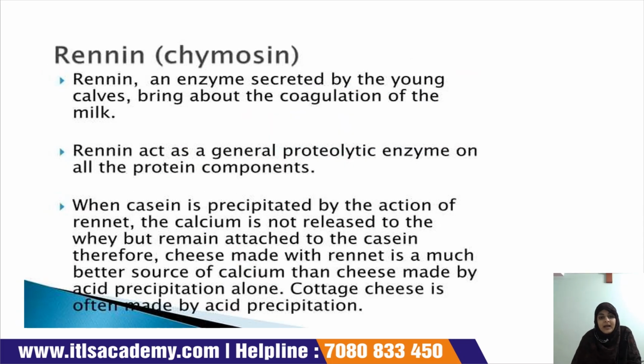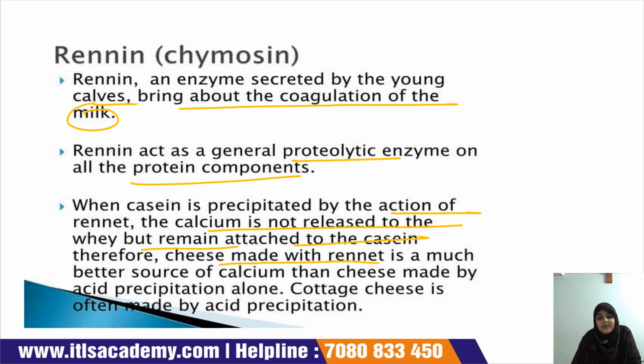Renin: this is the enzyme secreted by young calves, which brings about the coagulation of milk. Renin also acts as a general proteolytic enzyme on all types of protein components, and when casein is precipitated by the action of renin, the calcium is not released into the whey but remains attached to the casein.